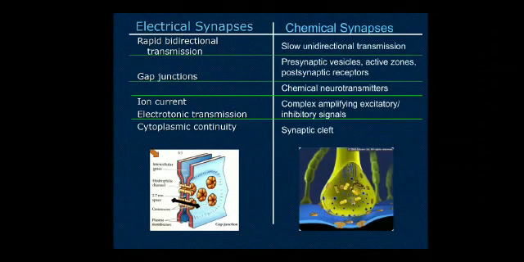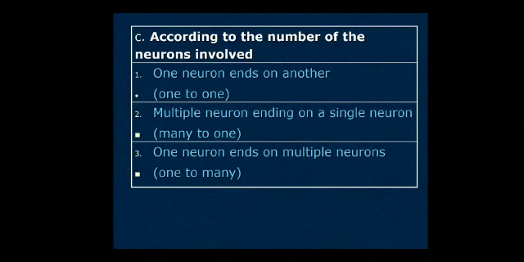And here there will be ion current, that is ions can easily move into the other cells. So there will be ionic current, but here it is complex, amplifying excitatory or inhibitory signals. So this is about some of the differences between electrical synapse and chemical synapse.